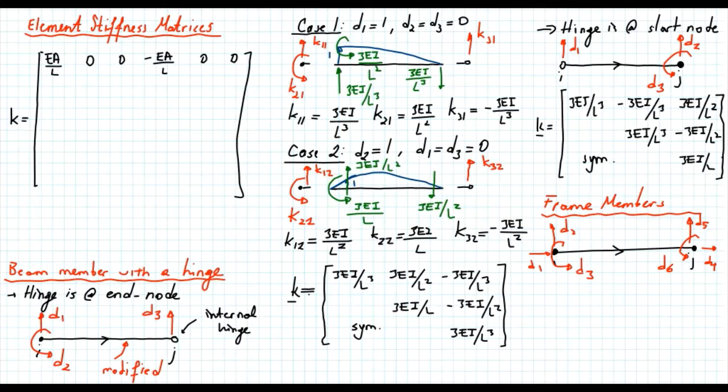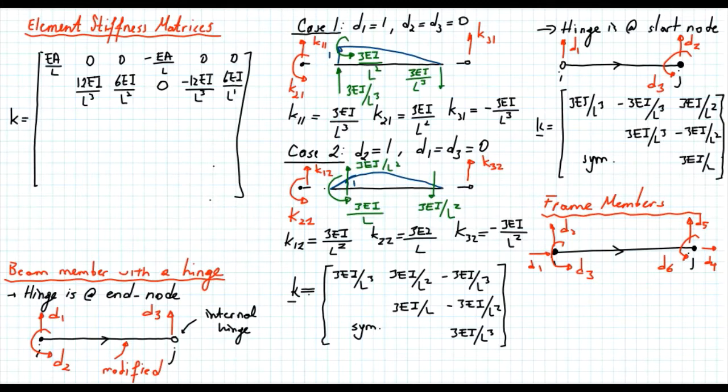The second row is what we have for the beam stiffnesses: 12EI over L cubed, 6EI over L squared, 0, minus 12EI over L cubed, and 6EI over L squared.